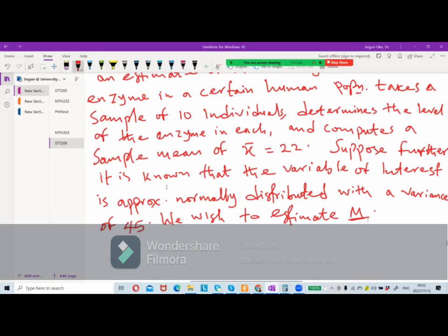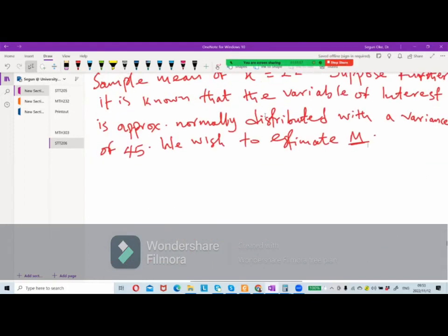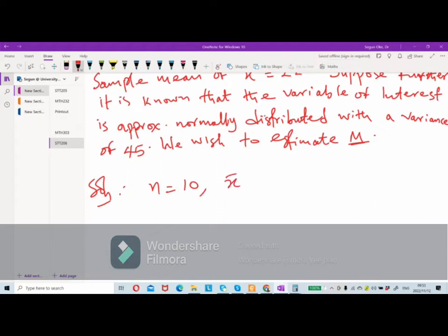So for us to solve this problem, number one, who can tell us what is the sample size we have? 10, sir. Okay, we all have the note, the solution now. Our n is equals to 10. What is our X bar? 22.